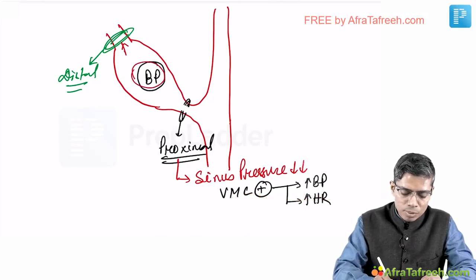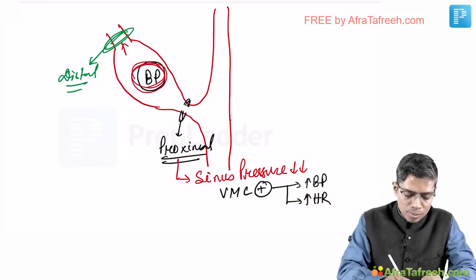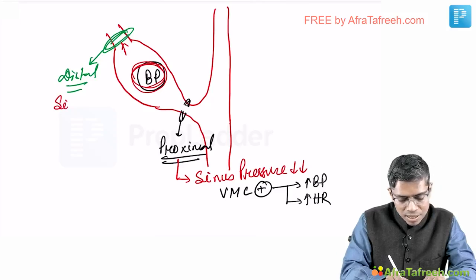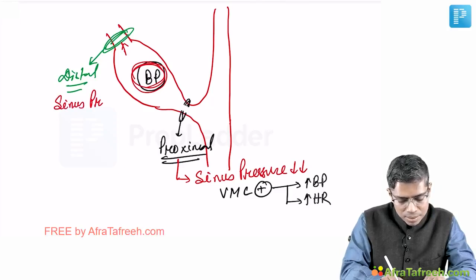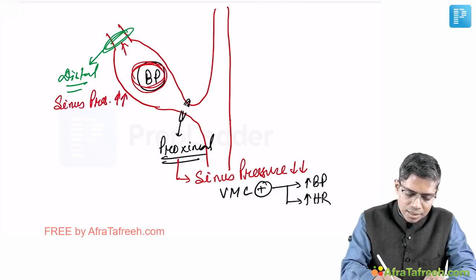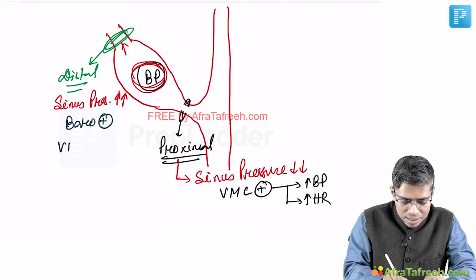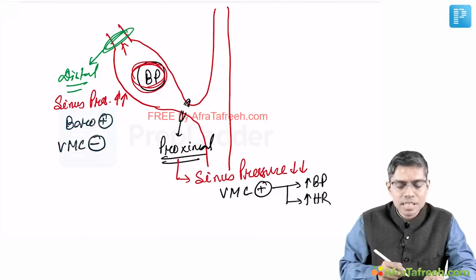So what will happen? More and more blood in this region means more and more blood pressure. That means I can understand that the sinus pressure will be high in this condition. Sinus pressure higher means baroreceptor is going to be stimulated. Baroreceptor stimulated means vasomotor center will be inhibited.